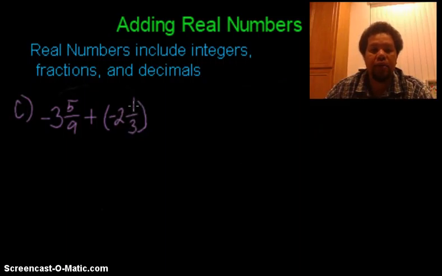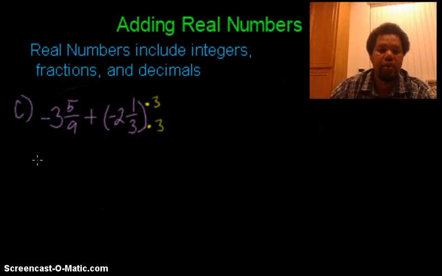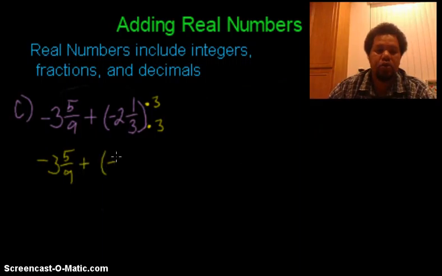So we're going to have to rewrite this 1/3 as a fraction of 9. To do that, I'm going to multiply the top and bottom of this fraction by a 3. That's going to give us a new column of -3 and 5/9 plus a -2 and 3/9.